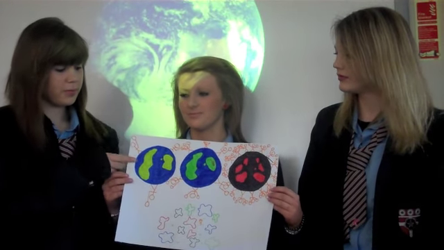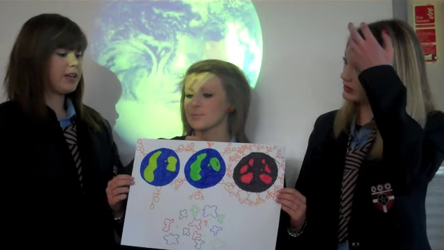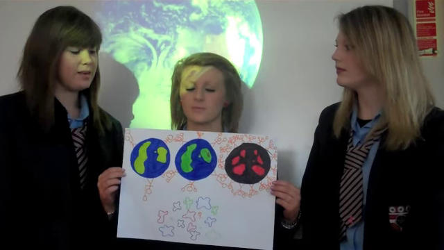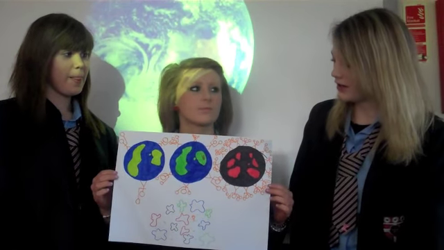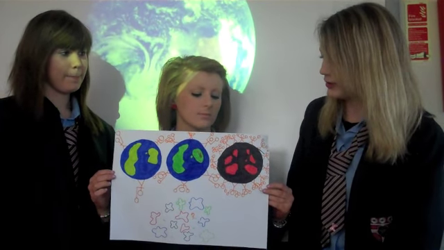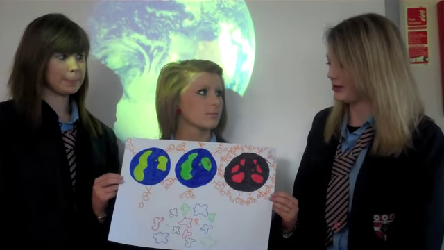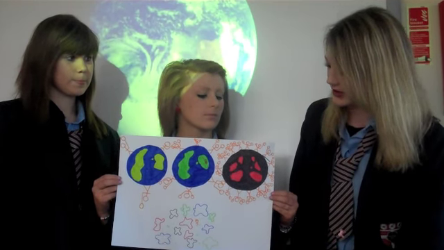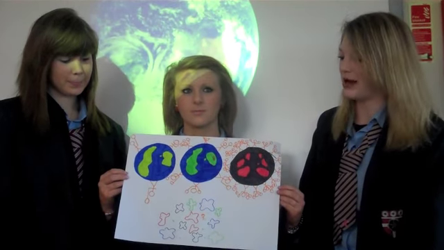On the first Earth, we will have only a few people with only a few balloons, and on the second Earth, we will have a more damaged Earth with more people and more balloons. The third Earth will be a burnt out Earth, and the population has risen, and each student will hold more balloons to show the rise in CO2 levels. The last picture will be a destroyed Earth, and we'll splatter paint all over the floor.